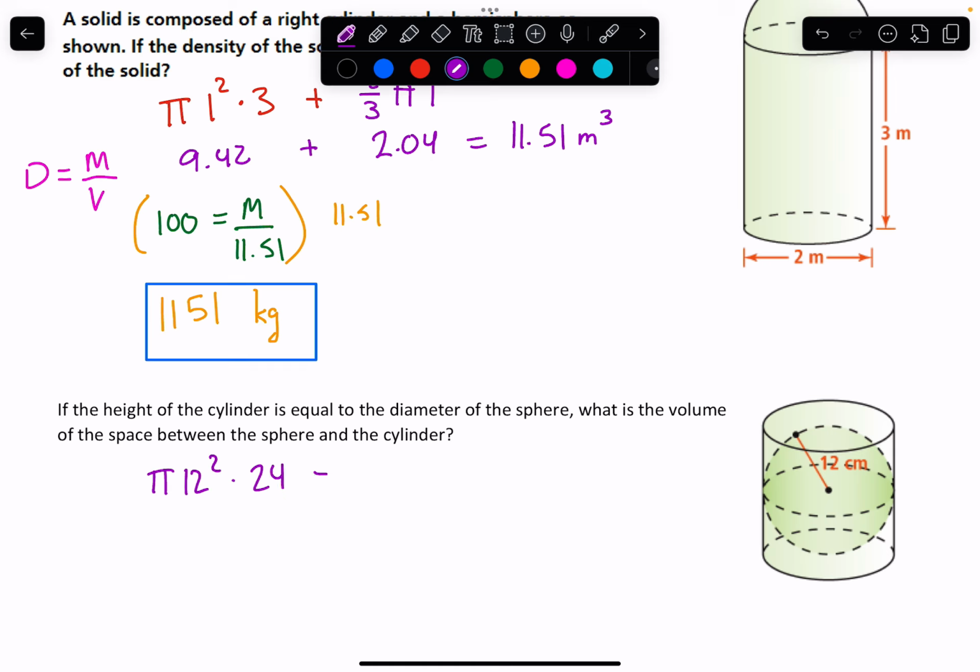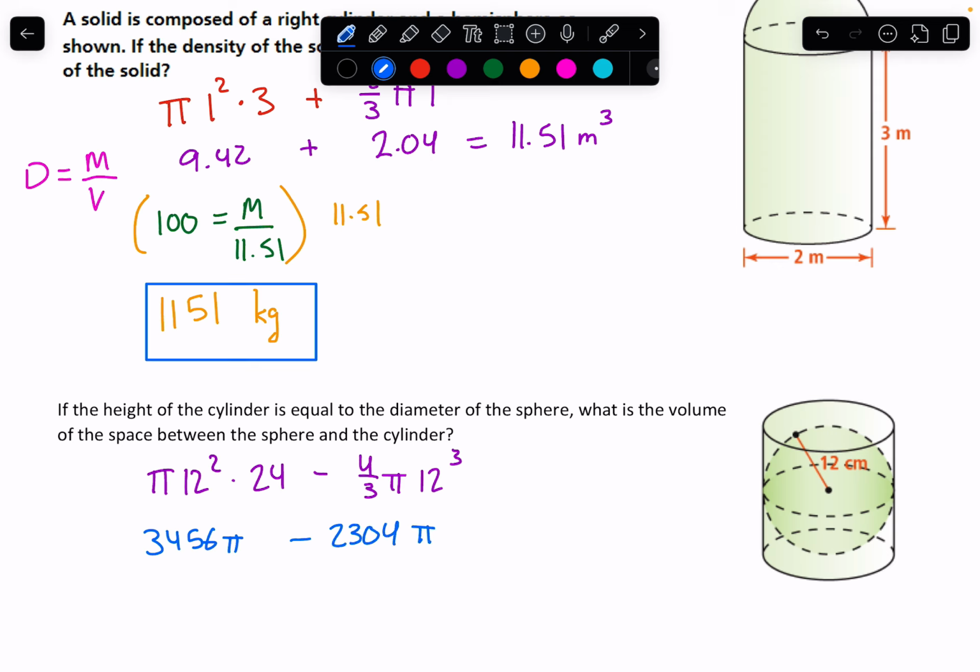We're going to subtract the volume of the sphere, so 4/3 pi times the radius of 12 cubed. And I'm going to do this calculation in terms of pi. In terms of pi, my cylinder is 3,456 pi. And in terms of pi, my sphere is 2,304 pi.